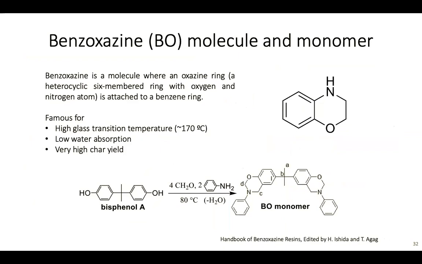Benzoxazine is a molecule where you have an oxygen ring, oxygen and nitrogen, attached to a benzene. Benzoxazine is famous for high glass transition temperature, low water absorption, and high char yield. Generally speaking, polymer aerogels have low glass transitions.